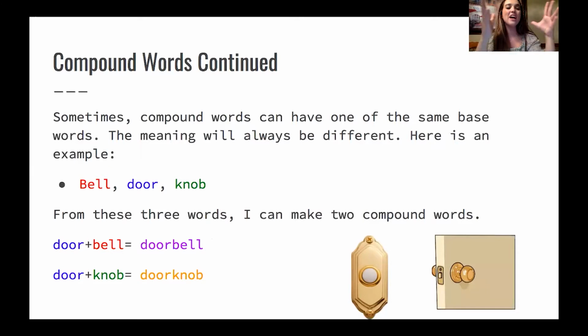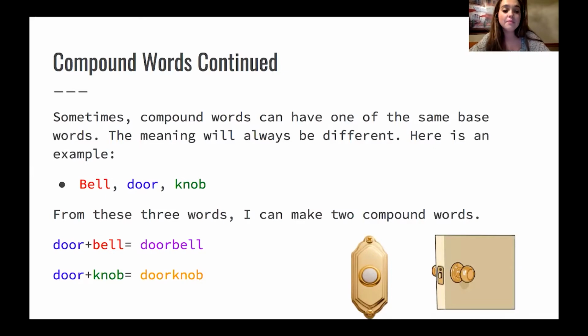But if you guys want to look at the screen here, I have 3 words. I have the word bell, I have door, and I have knob, okay? From these 3 words, I can make 2 compound words. So let's look. Door plus bell equals doorbell. Door plus knob equals doorknob.